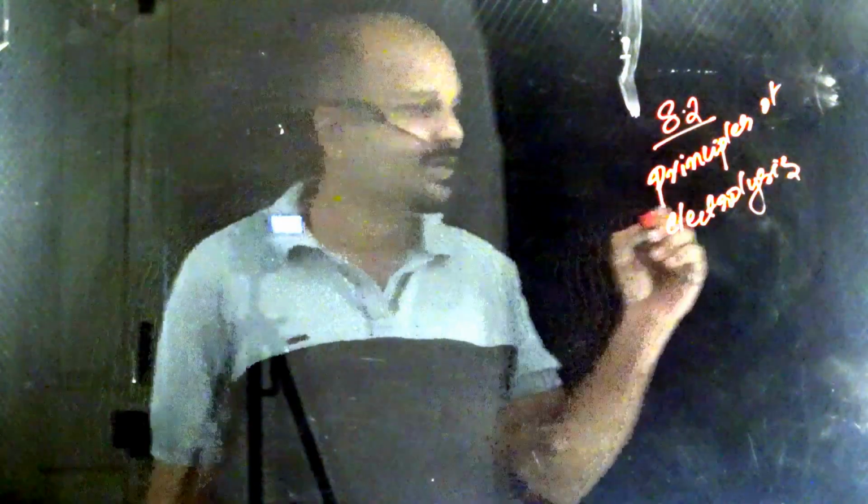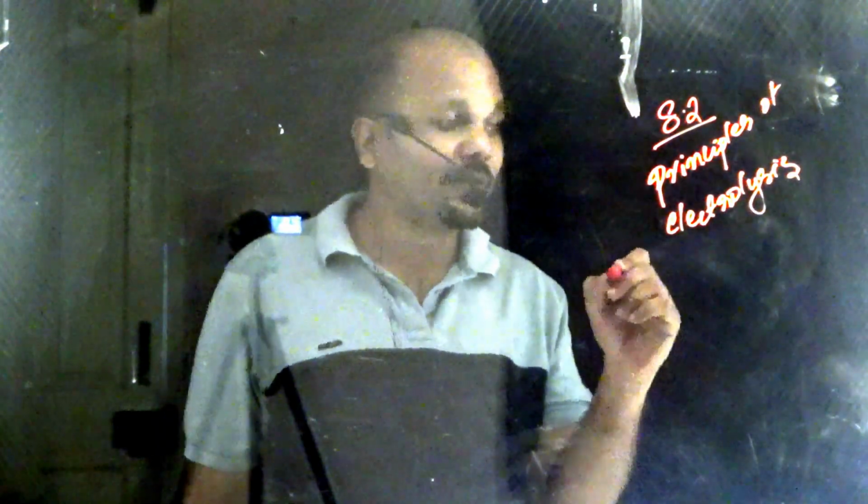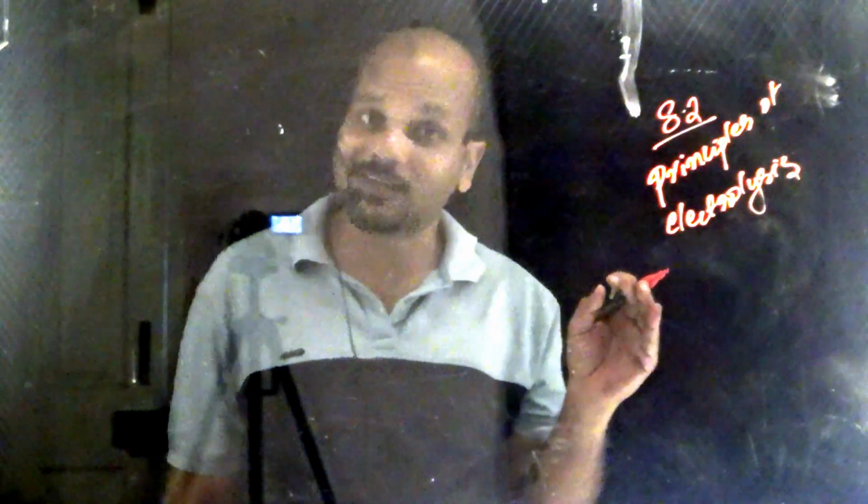So what do we need to know when electrolysis is happening? Remember the word lysis. Lysis means breaking. Electrolysis means that with the help of electricity you break molecules, or break the force of attraction between ions.